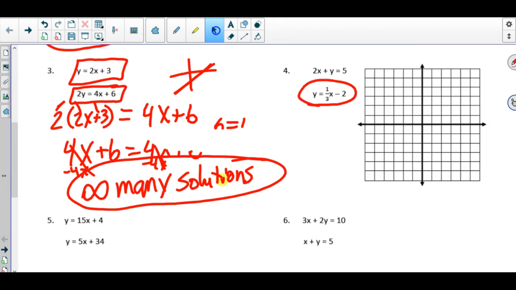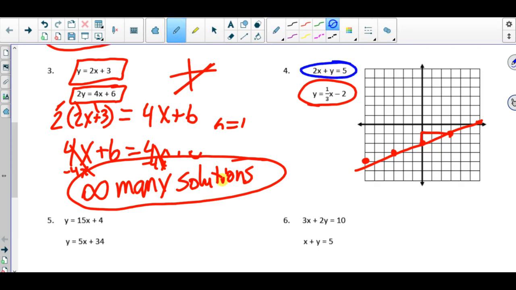Y equals 1/3 x minus 2 is easy to do. Start at -2. Our slope is 1/3, so we rise 1 and run 3. And we end up with that line there. Down 1 over 3, down 1 over 3. My line got a little bit off, but close enough.